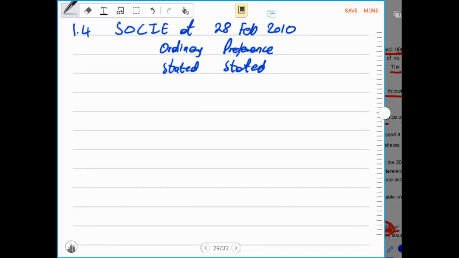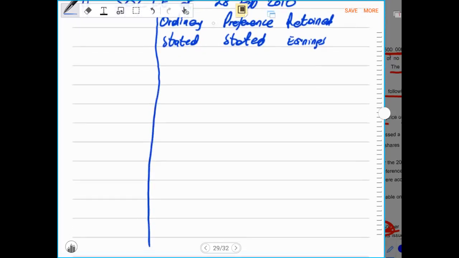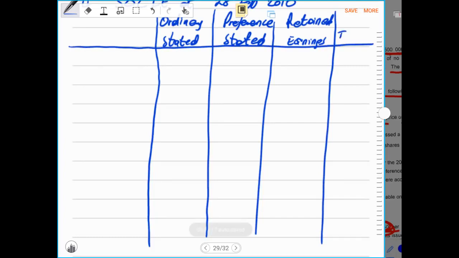Then after we have retained earnings. Remember, in this case, guys, I did not see any revaluation. So if there's no revaluation, there's nothing to worry about something that is not there. That's why I will not even record a revaluation surplus, because it is not there, unless it was hidden as a secret that needs to be revealed. Then after we have the total column.